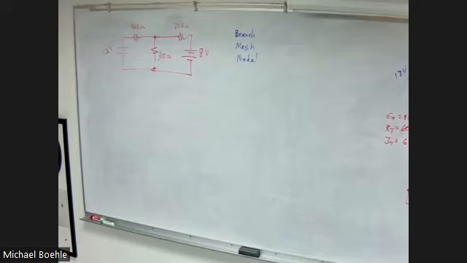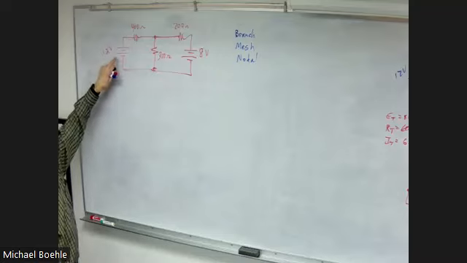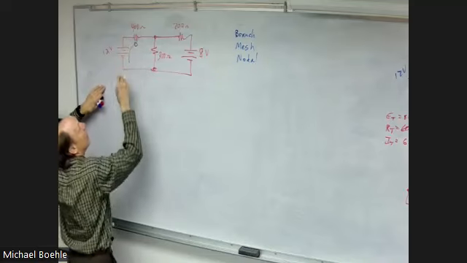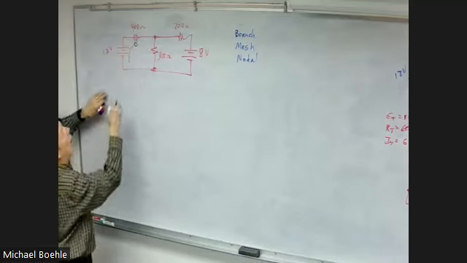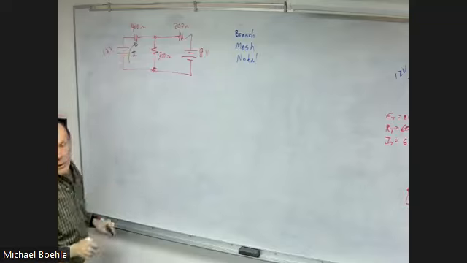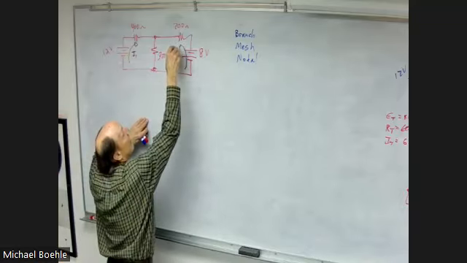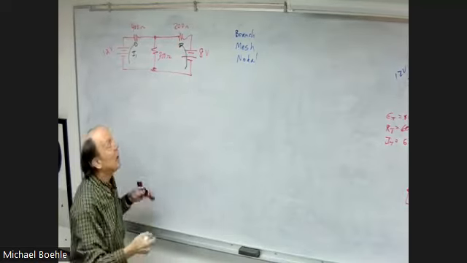Trust me. Now, for branch analysis, I have to make assumptions about current. I'm going to keep it simple initially, since we have a pretty good idea. We could guess that in this branch, because of the polarity of my voltage source, that current's going to go that way. We'll call that current 1. Likewise, I would guess that that current's going to go that way.